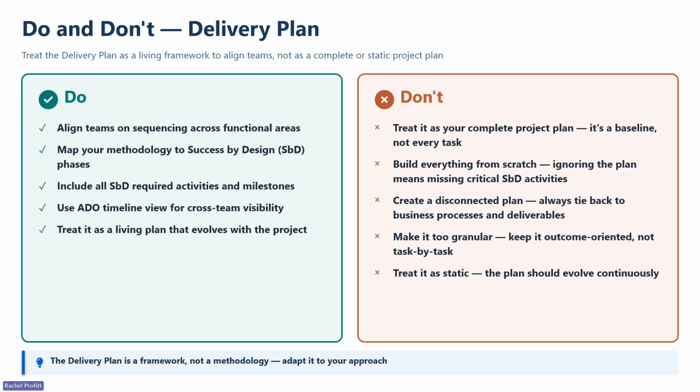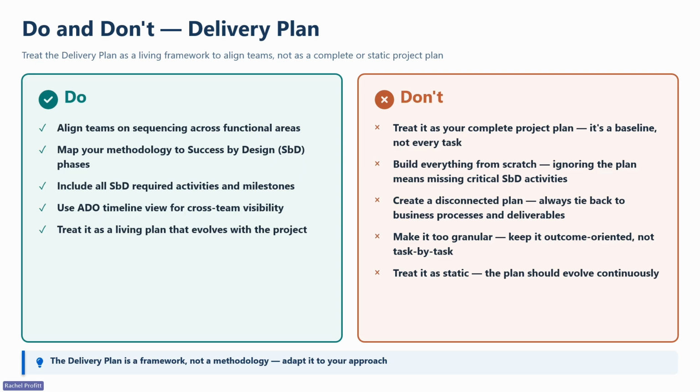Now, on the right-hand side, some of the things that we don't recommend you do. And first is don't treat it as a complete project plan. Now, we do recommend that you create a project plan and get to that point, but the thing that I am providing is not a detailed project plan. It's a framework. We also don't recommend that you build everything from scratch.